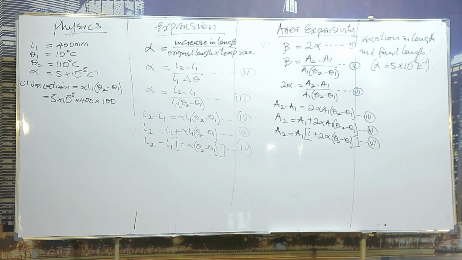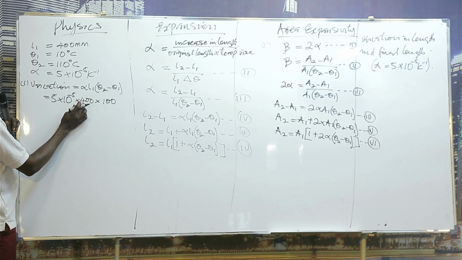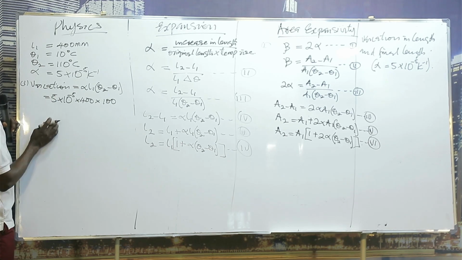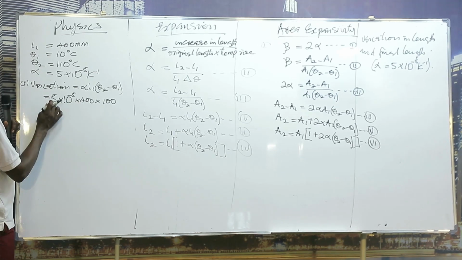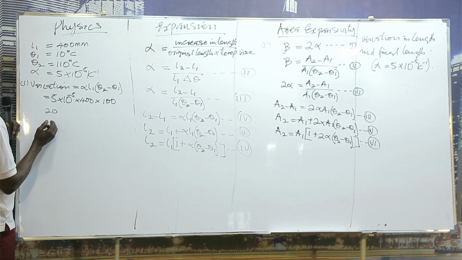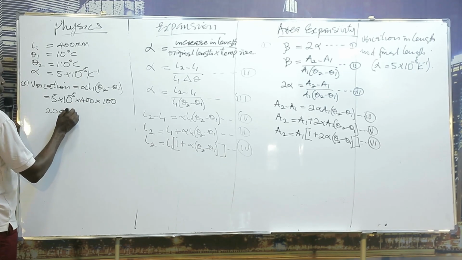So let's look at the board. Let's solve without pressing it. 100 multiplied by this will give us what? 40,000 times 5 is what? 4 times 5 is 20. How many zeros are here? 4. 1, 2, 3, 4.